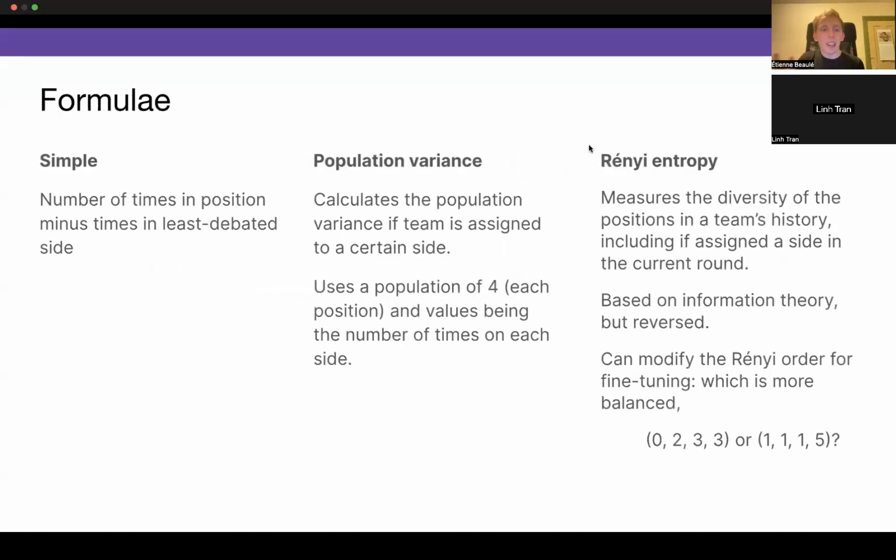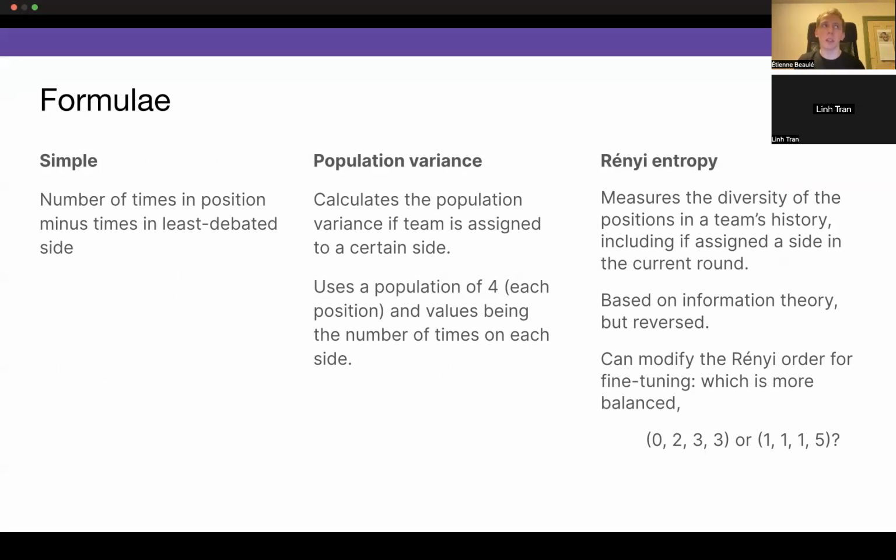There aren't any formulae on this slide, but it does explain what each method entails. The simple one is just the number of times a team has been in a position. It does the calculation 4 times, once for each side, then finds the side they have debated the least and subtracts that.